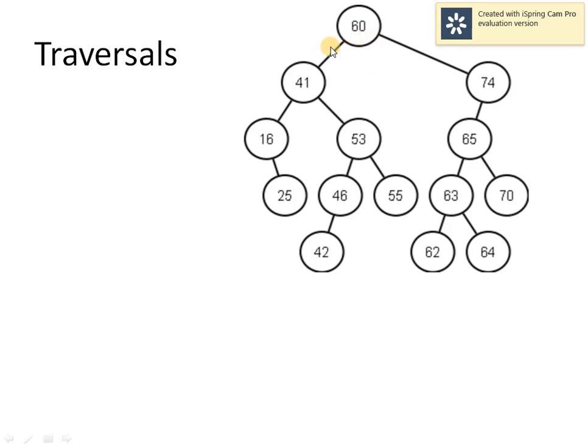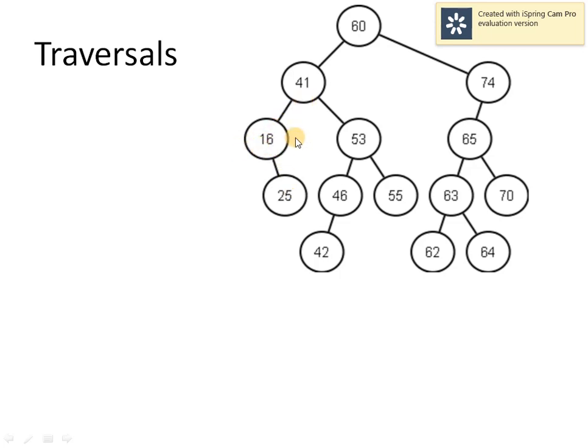Starting with the root node, it has a value of 60. If we look at the left subtree of 60, it has all the nodes which are less than 60. Similarly, for 41, the left of 41 has two nodes, 16 and 25, and they both are less than 41.